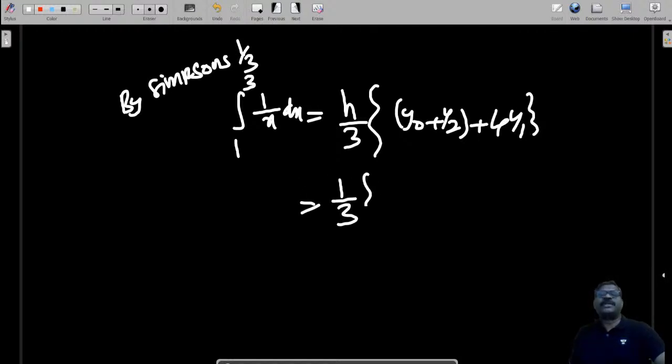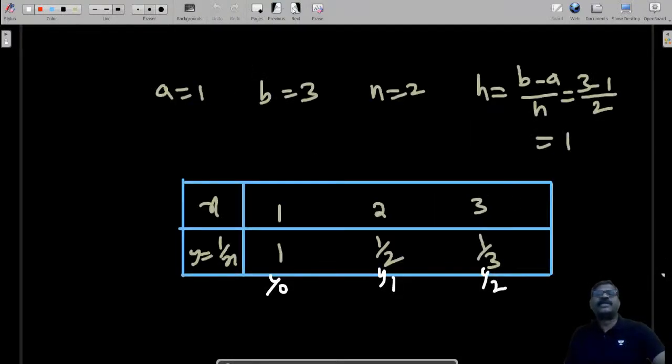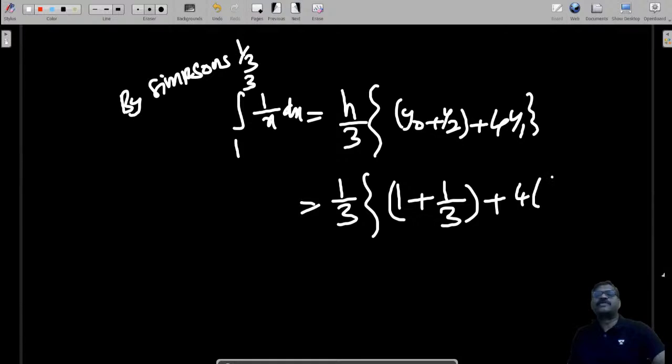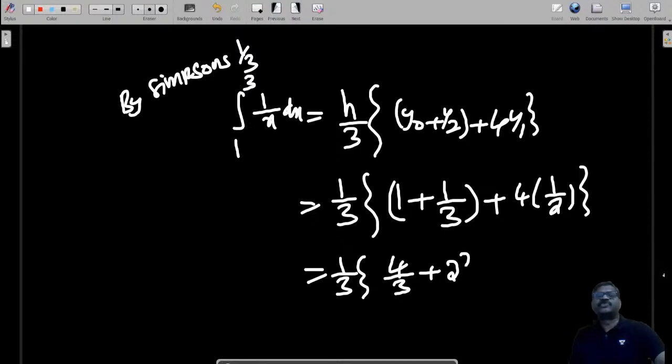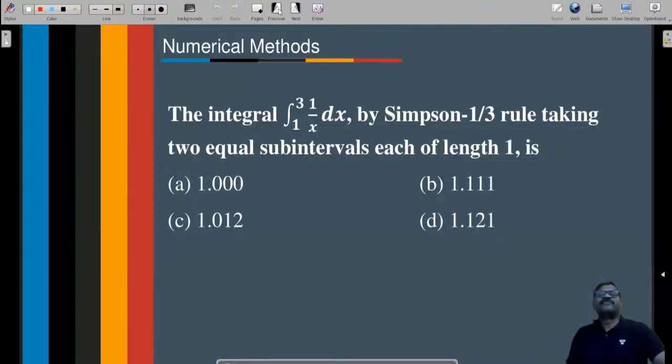H is 1 by 3, y0 is 1, y2 is 1 by 3. 1 plus 1 by 3 plus 4 into 1 by 2. Simplify this. 1 plus 1 by 3 is 3 plus 1, 4 by 3. 4 by 2 is 2. 3 to just 6, 6 plus 4, 10. 10 by 9. That is 1.1111 like that. Therefore, correct answer is second option.